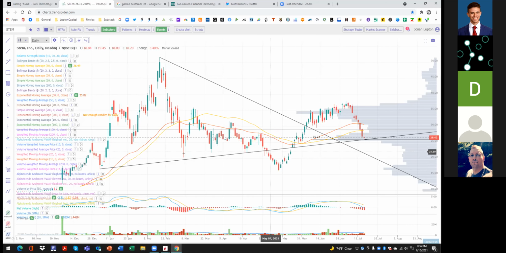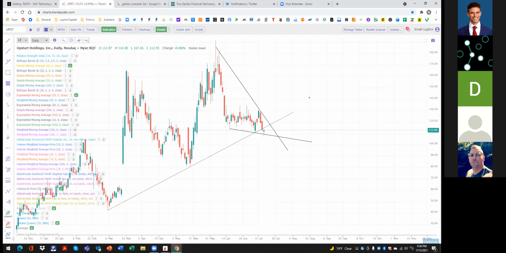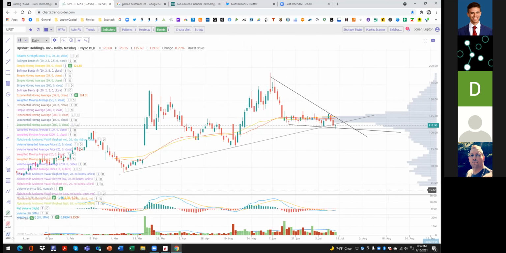I'm not saying this is a perfect line, but sometimes these lines do work. Let's use Upstart, for instance. We had this trend line going back to March. I think it was Thursday, we came down, we touched it perfectly, and then blasted higher. I figured we would do the same thing yesterday, and nope, dropped below it, and then today, blasted lower.